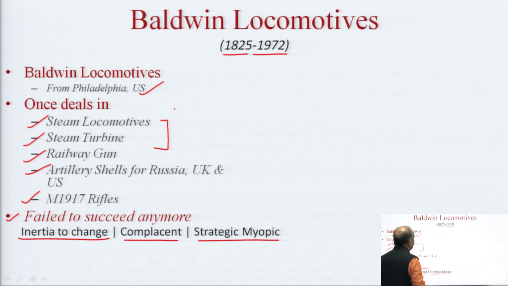But this is also the time when petrochemical-based engines were starting to come to market. Because of the past success, this company became so complacent that they started to ignore the emergence of diesel-based or petrol-based engines.